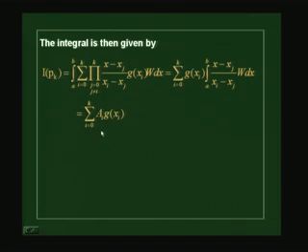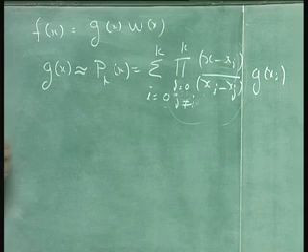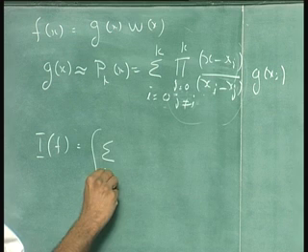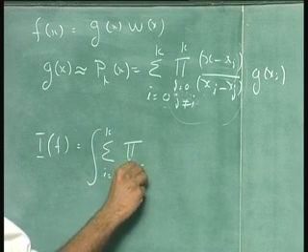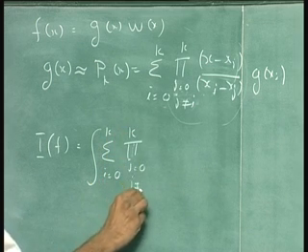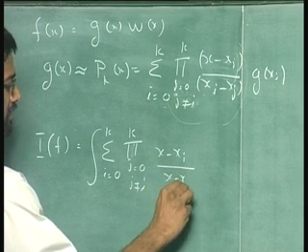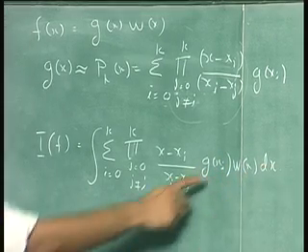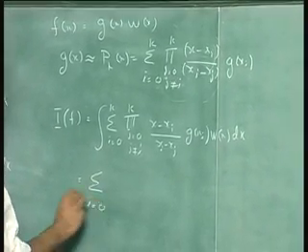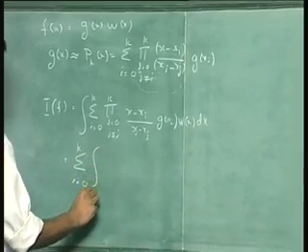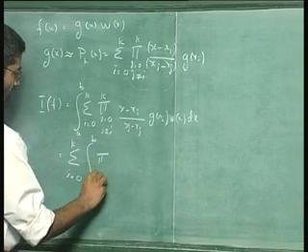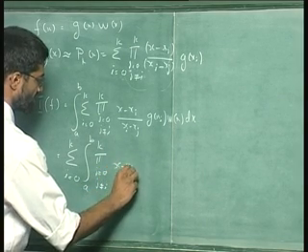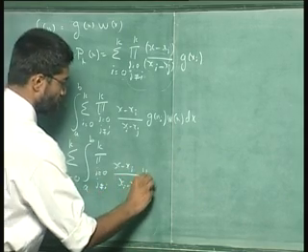So I am going to write the integral I of f as the sum over i going from 0 to k of g of xi, times the integral from a to b of the product over j from 0 to k, j not equal to i, of x minus xj divided by xi minus xj, times w of x dx.